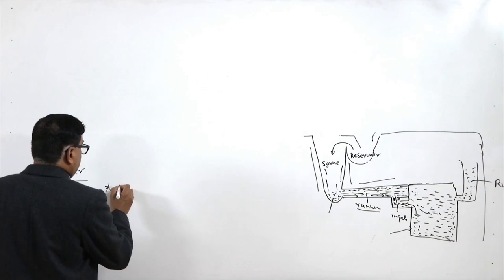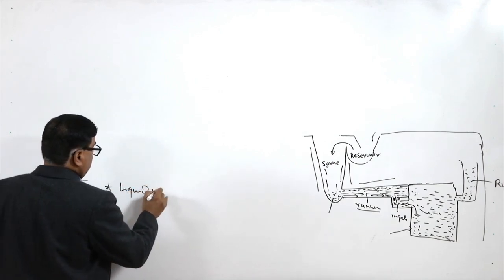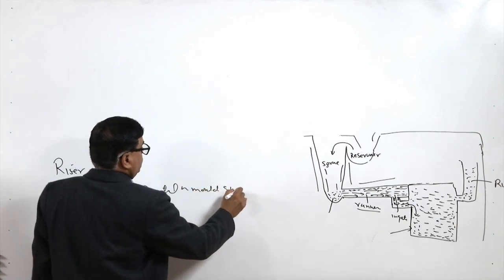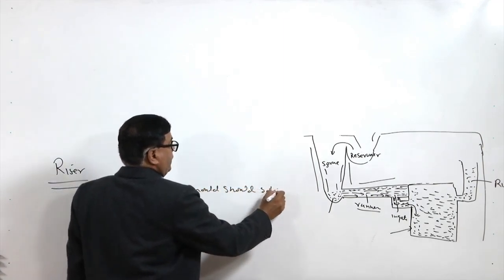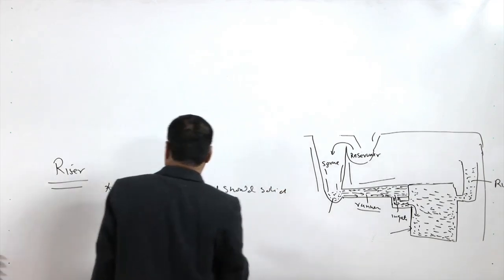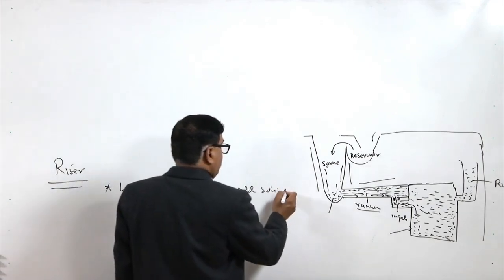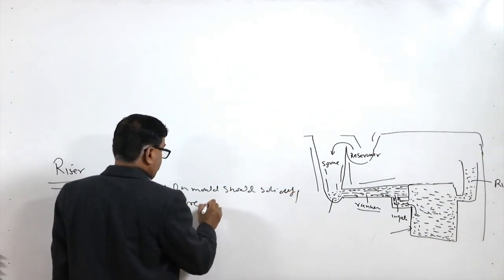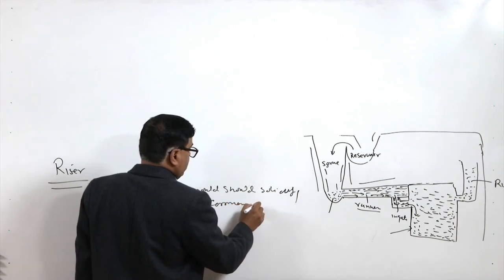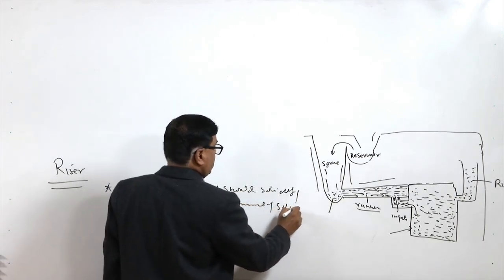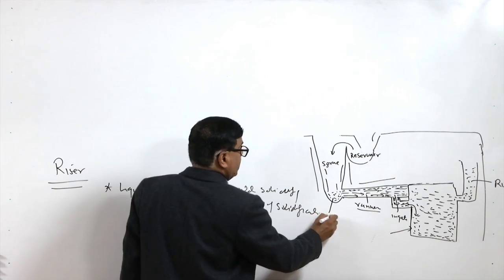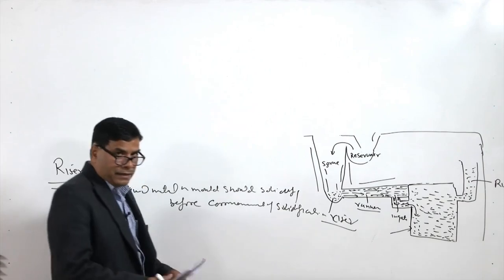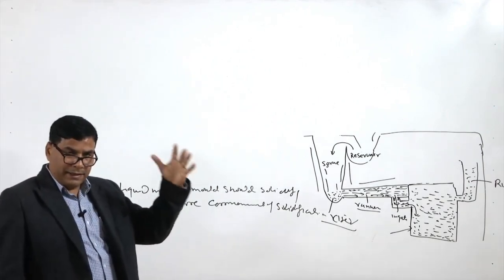The liquid metal in the mold should solidify before commencement of solidification in the riser. Means the molten metal in the riser should solidify at the end.